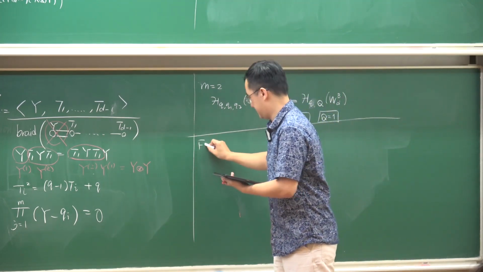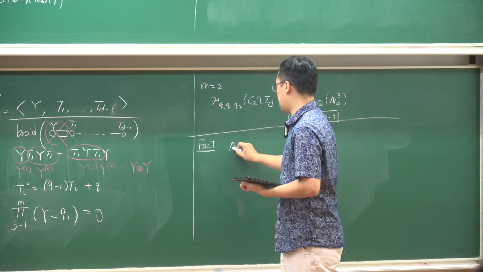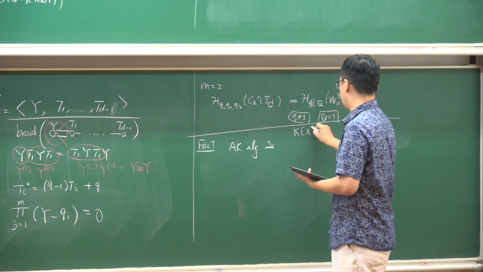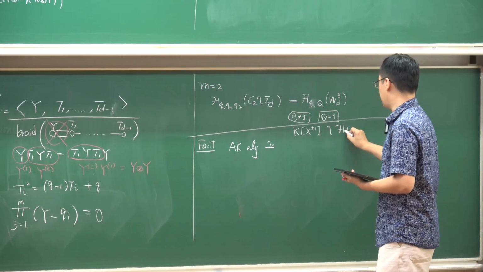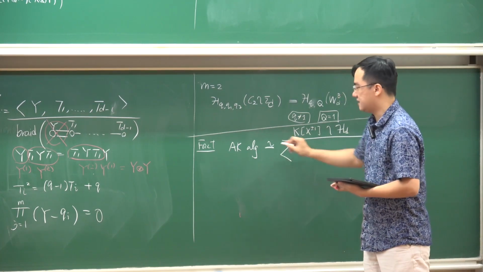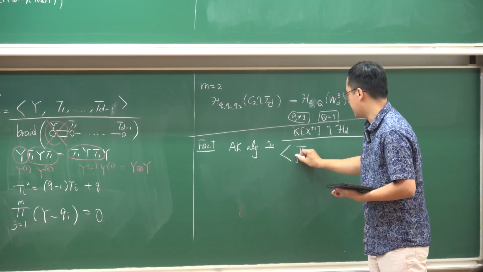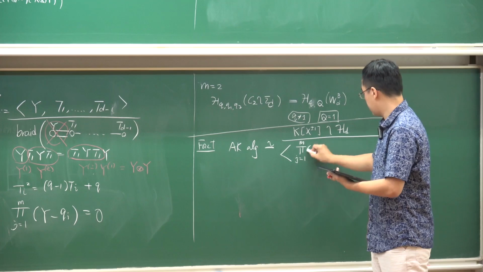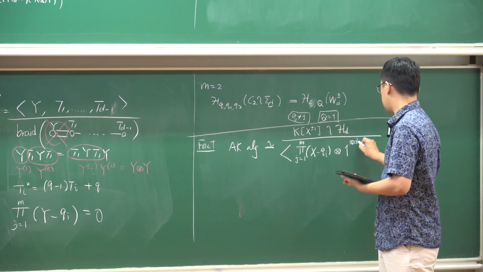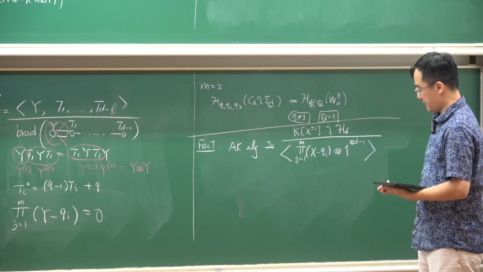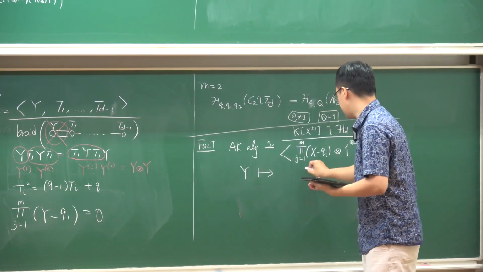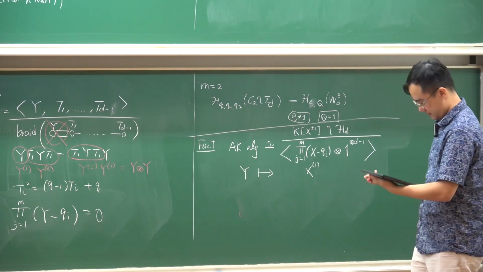I haven't finished. So the fact is, this Ariki-Koike algebra is going to be a quotient of the quantum wreath product modulo the ideal generated by putting the cyclotomic relation on the first tensor factor. And then this y is sent to putting x on the first tensor factor.